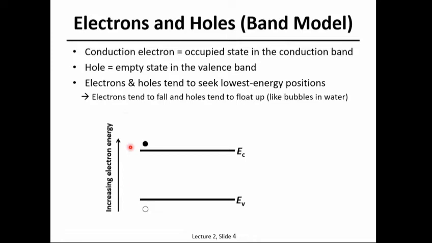As you see, the electrons tend to rise up and the holes tend to float down. It's like bubbles of water, which would represent the holes. So electron kinetic energy is increasing upward, and for holes, the increase will be from up to down.